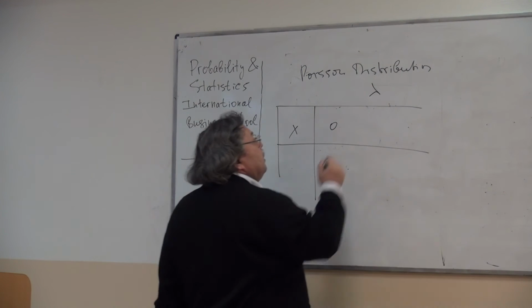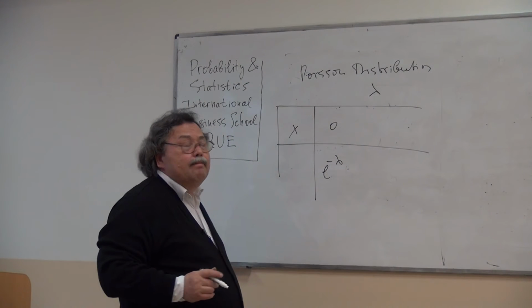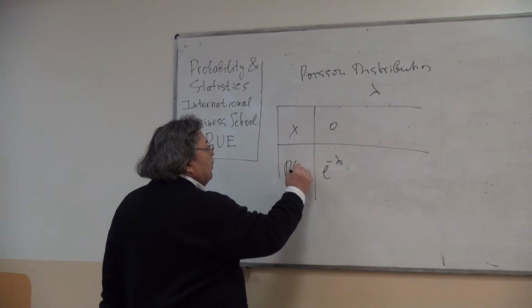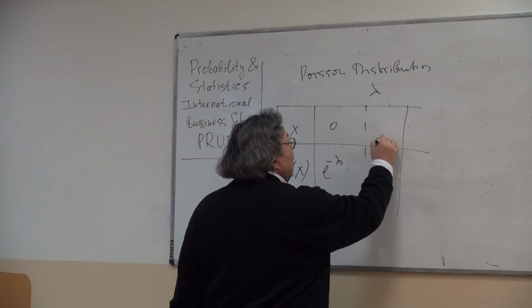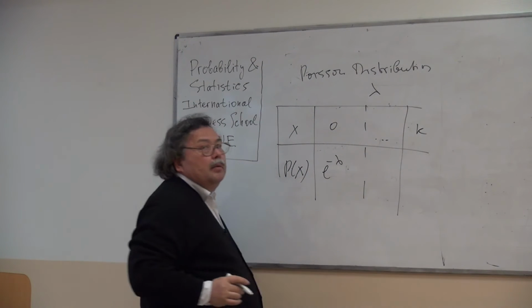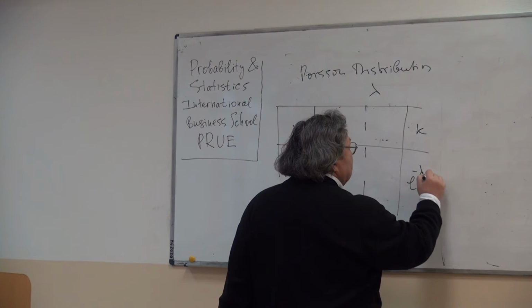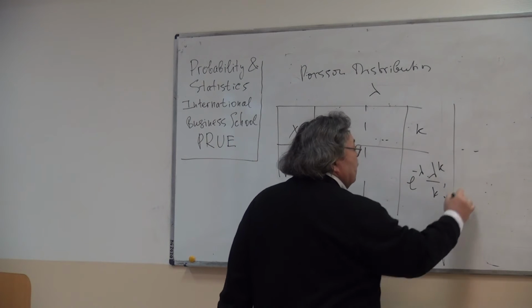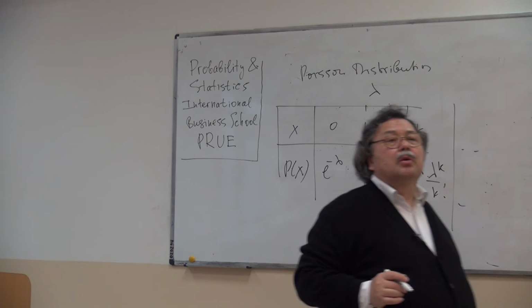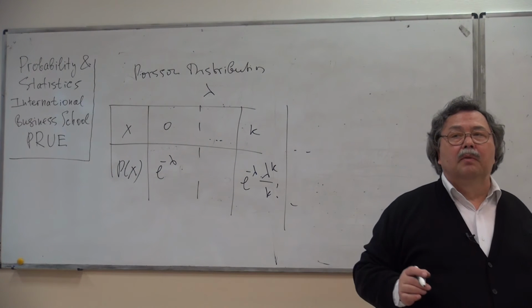Say the mean is lambda, then the probability is e to the power minus lambda. And for k occurrences, it's e to the power minus lambda, lambda to the power k, over k factorial. And as in the previous example, this row never ends. We have an infinite row of possible values here.